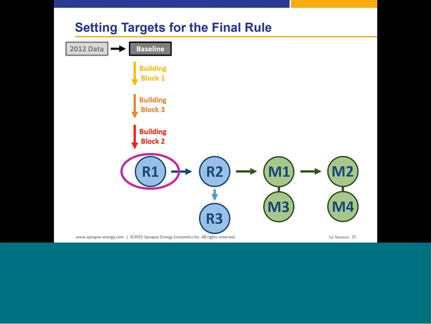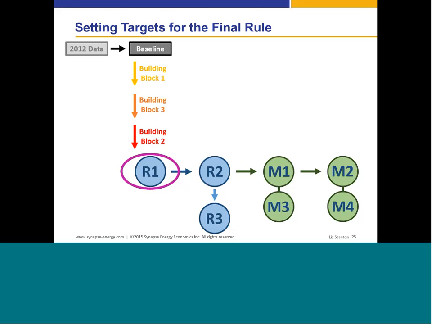So first, the R1 target is calculated, and R1 is the technology-specific rate-based target. From those targets, the R2 targets are calculated, and those are the state average rate-based. And from those, the mass targets are created. And so they're all interrelated.